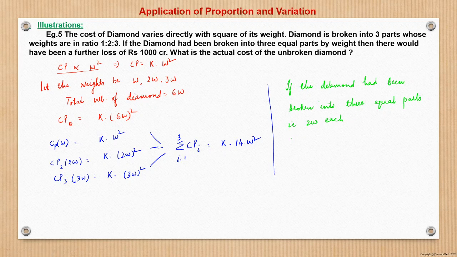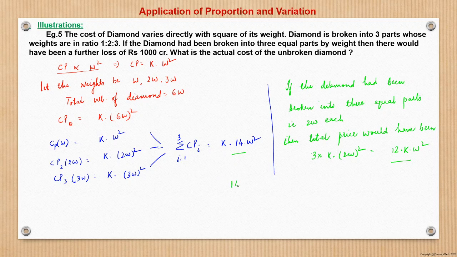So what would the total price have been? Because 3 parts have the same weight, they will have the same cost, so 3 into K into 2W square, which is 12K W square.